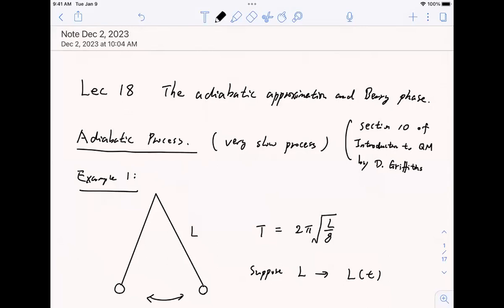This is a textbook that people use for undergrad quantum mechanics classes. But at least for me, we didn't go into chapter 10 and learn the Berry phase, but the content is there.